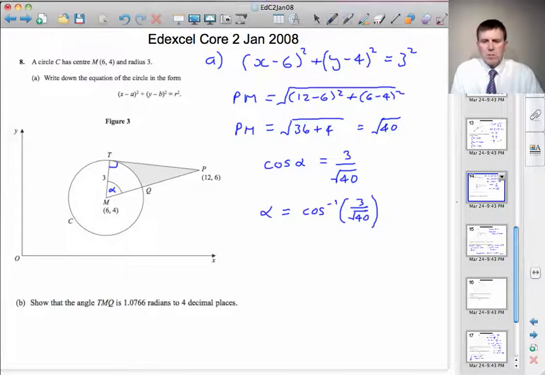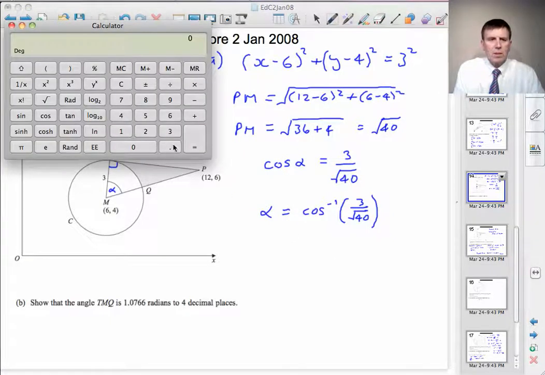Let's use a calculator. First of all, change it from degree mode into radian mode because we're working in radians. And then I want 3 divided by root 40. On this silly calculator, you put the root sign in after the number, and that comes to 0.474.